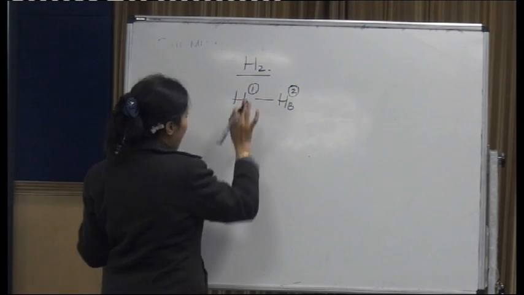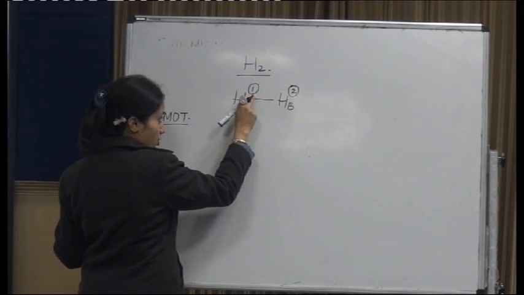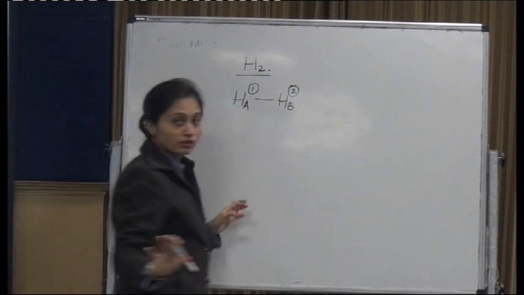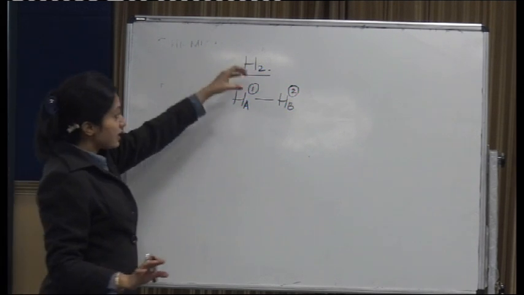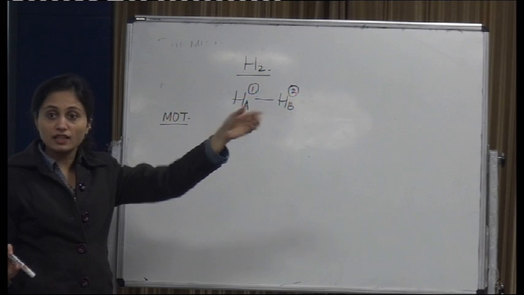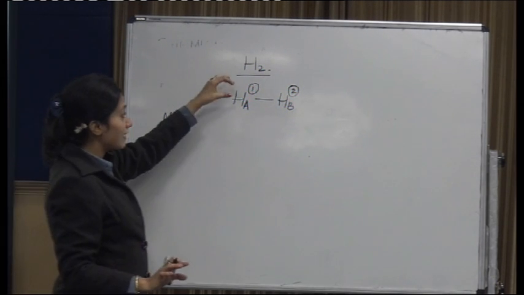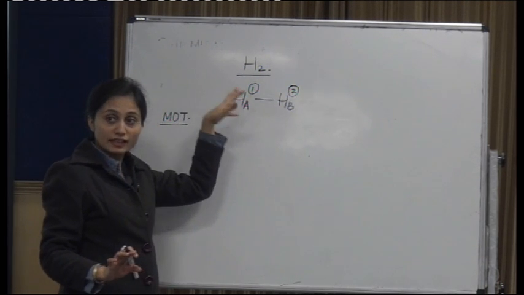Okay. Now in molecular orbital theory, what happens is each electron is associated with all the nuclei in your molecule. Because this one has an electronic cloud, molecular orbital treatment is again another kind of a trial wave function which suggests that each electron is distributed over the entire molecule.